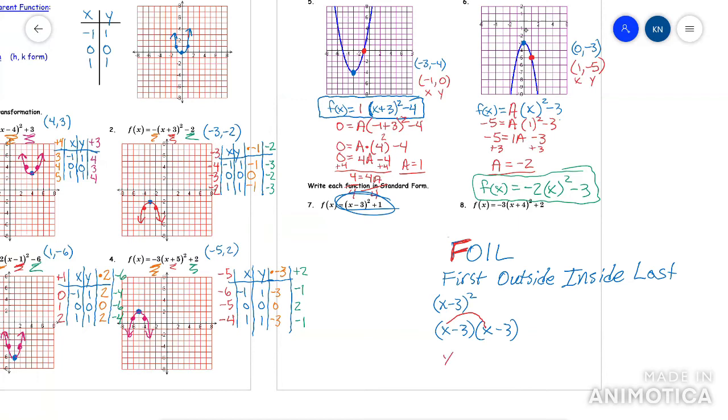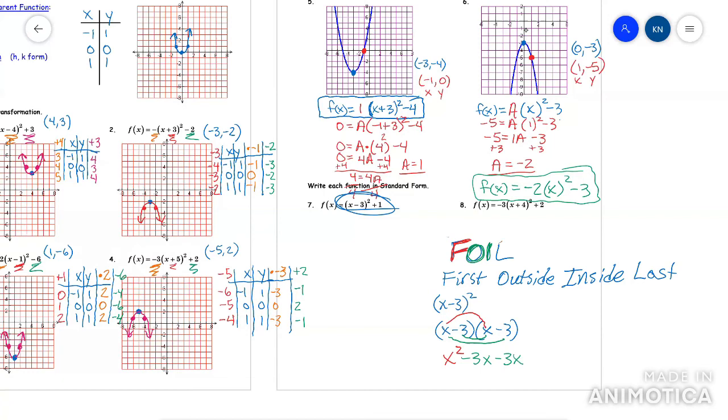So x times x is x squared. Now the outside, inside, the O and the I, is your outermost and your innermost multiplied times each other. So the outermost is x times -3, which is -3x. The innermost is -3 times x, which is minus 3x.